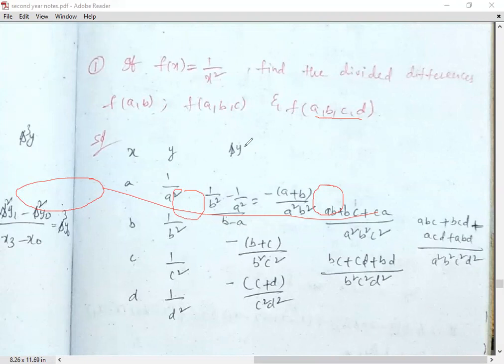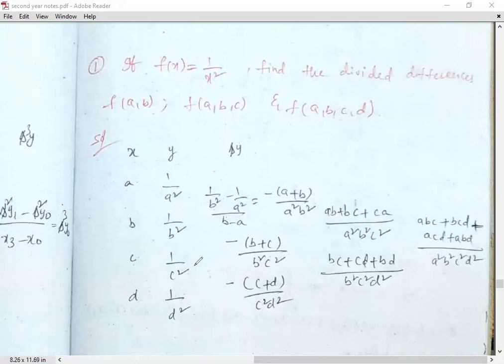The first divided difference is obtained as successive minus preceding by the corresponding x values difference. So we write 1 by b square minus 1 by a square by b minus a. After simplifying this, we got minus of a plus b by a square b square.